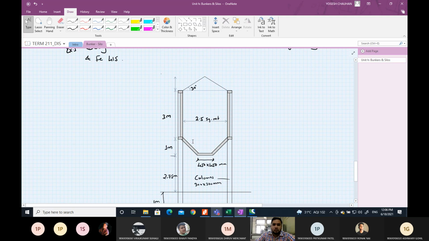And at the top, this heap is actually like this, it would be pyramidal in shape.